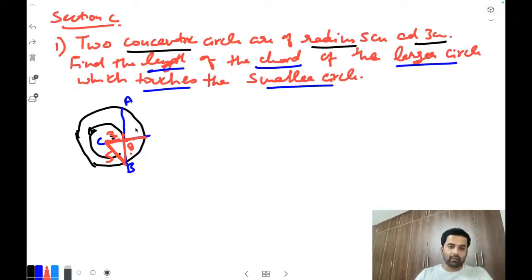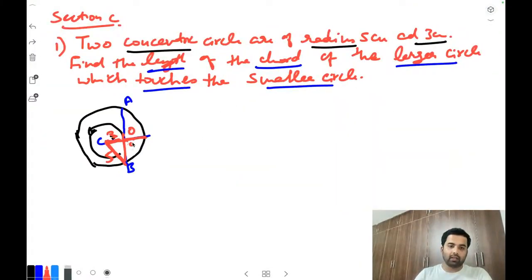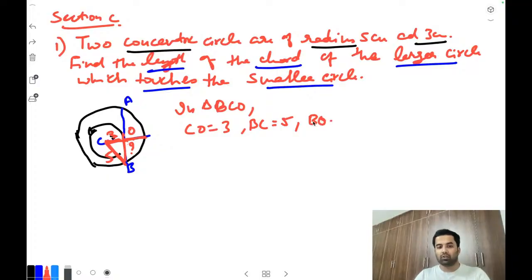Let me name it here, make a mark of O. Let me find the value of this one. So in triangle BCO, we have a CO value of 3 and a BC value of 5. How do we figure out BO? You will apply the Pythagoras theorem.